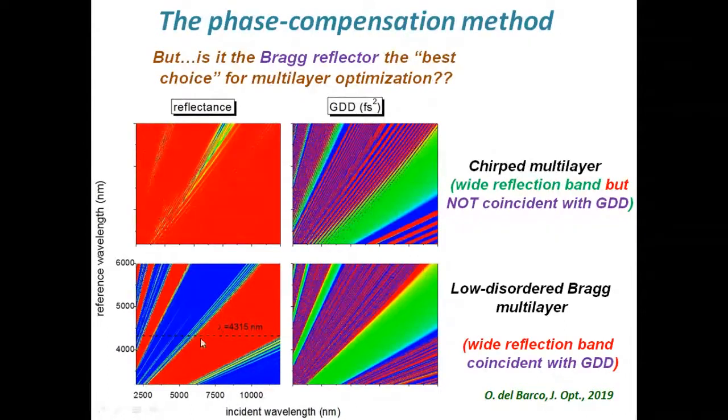So for each lambda r, for this particular case, we have a multilayer B. For this one, another one. So we can select as we want different multilayers B as our choice. But the important case is the wide reflection band coincident with the GDD zone.